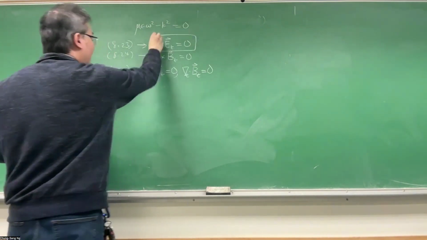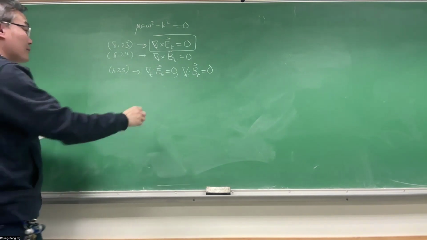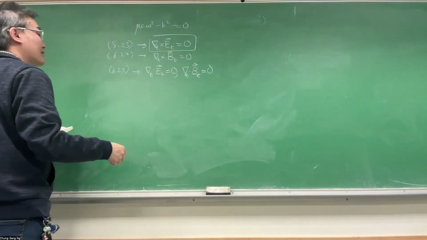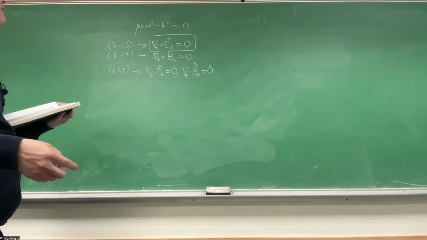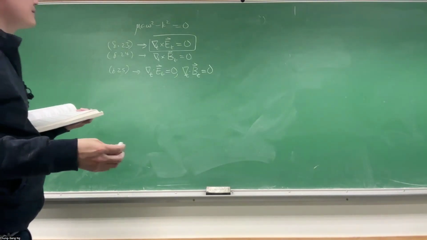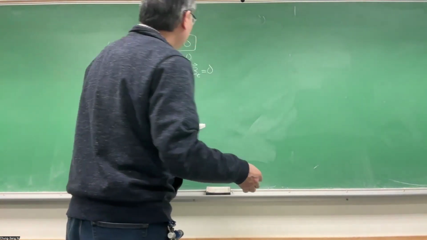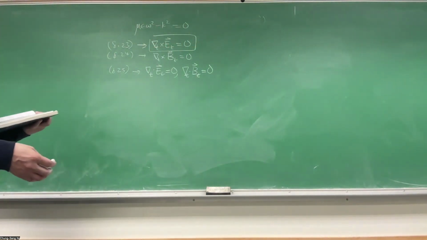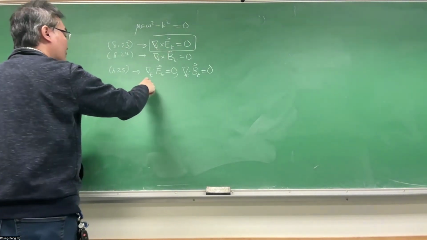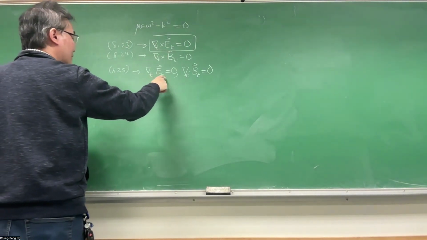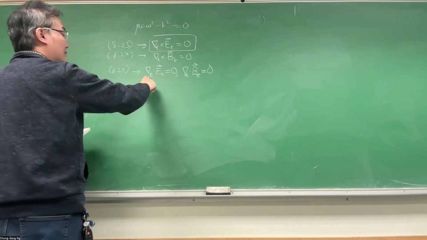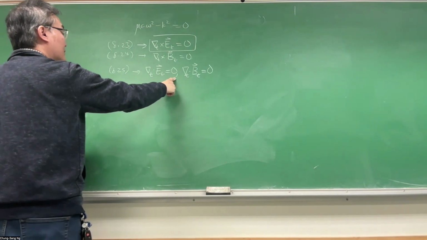Electrostatic, you have curl E equals 0, right? In 3-dimension, last semester, you learned that for a static field, curl E is 0, because basically the Faraday term dB/dt is 0. And divergence E is not necessarily 0, but if the charge is 0, then divergence E is 0 also.